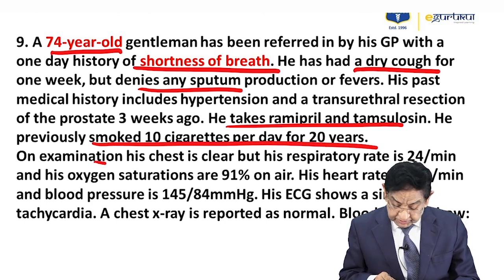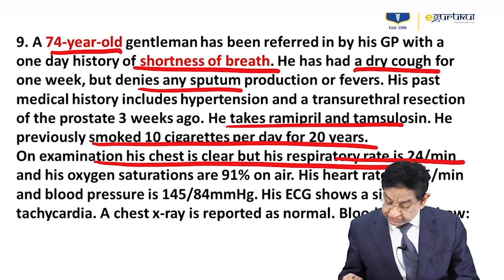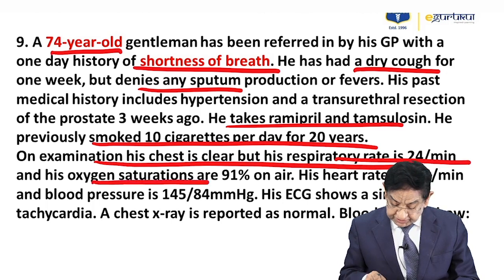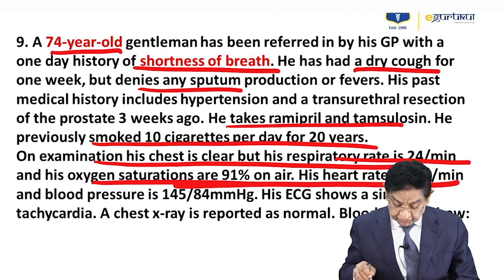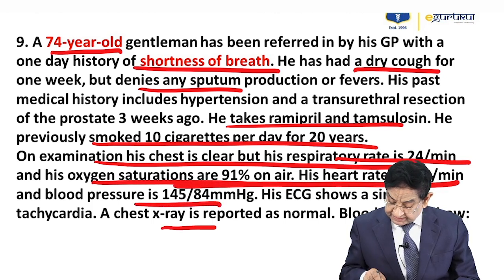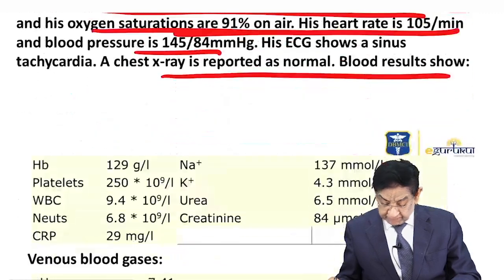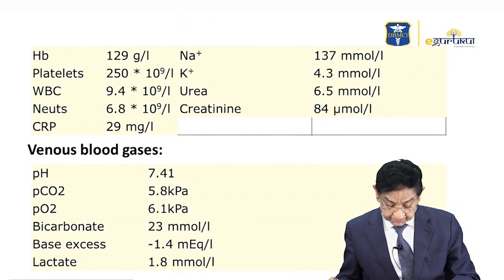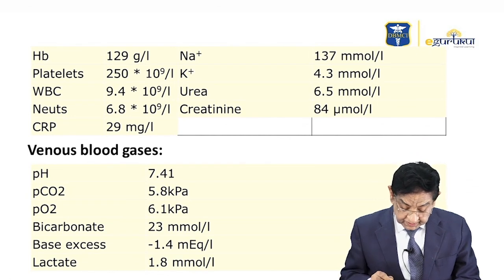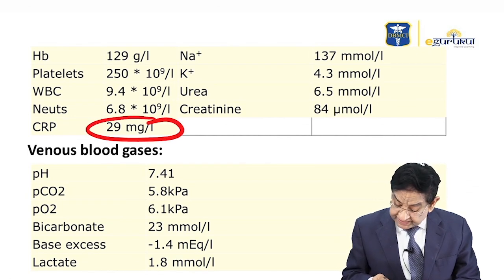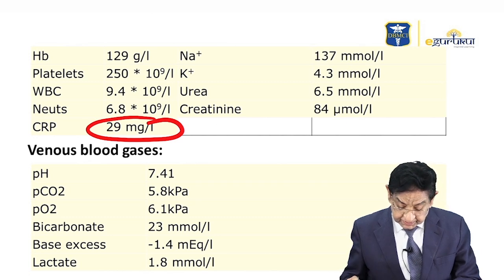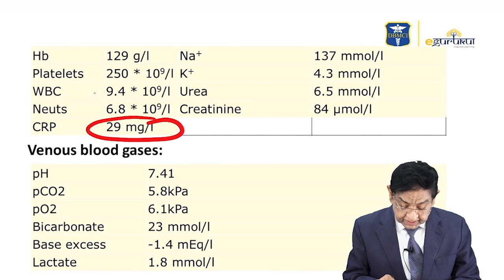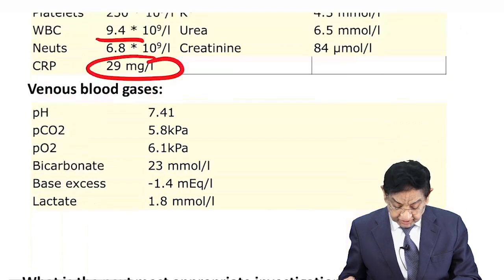No chest pain, chest is clear, respiratory rate is 24, saturation is 91%, heart rate 105, BP normal, chest is normal, and the blood result is as follows. CRP 29 is there, neutrophils, and WBC count is fairly normal.